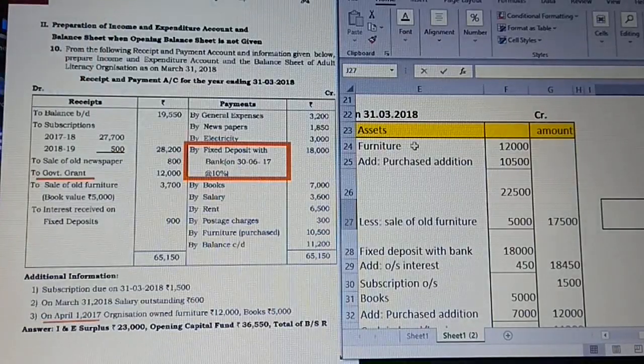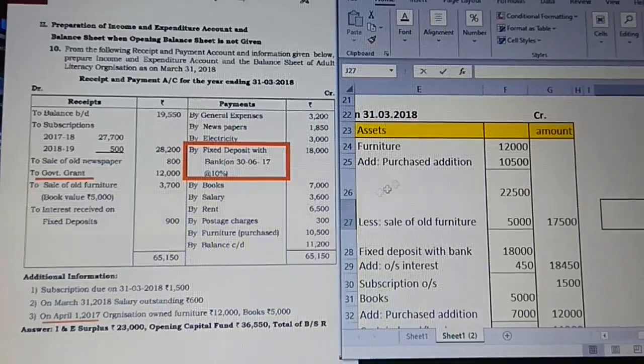So moving on to the asset side first, observe from the additional information down, the third point, 1st April 2017. When we are going to concentrate, we are going to find out what actually the important items are. Now they have given 1st April, in essence the opening value of the organization, which actually owns the assets with furniture and books.